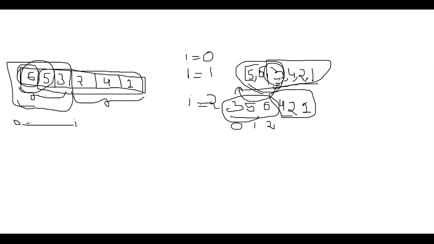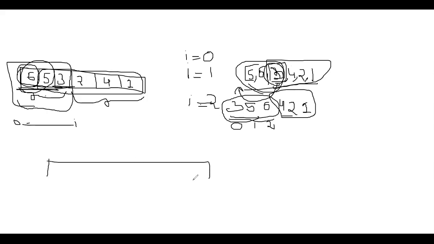And how will we basically sort this thing? How are we going to sort till I? So when I see an element, let's say 3, I know that the subarray before this element is sorted.